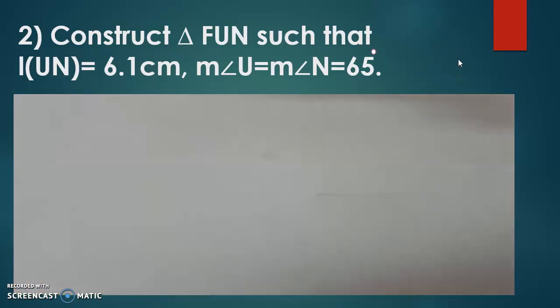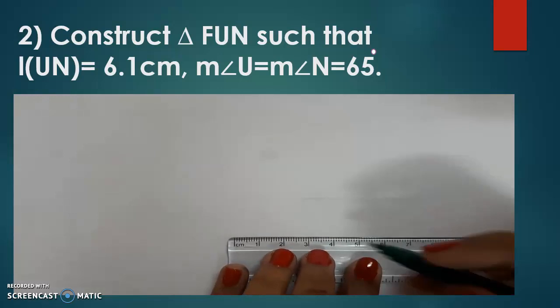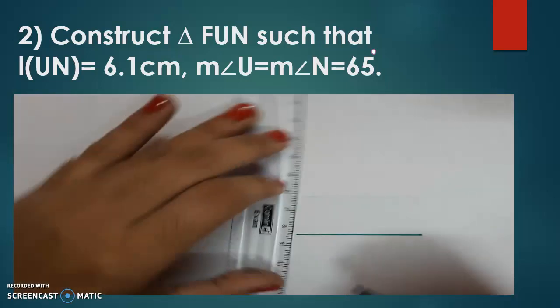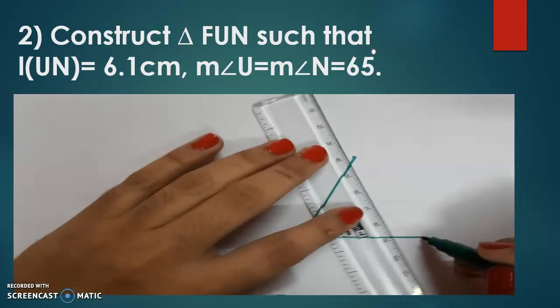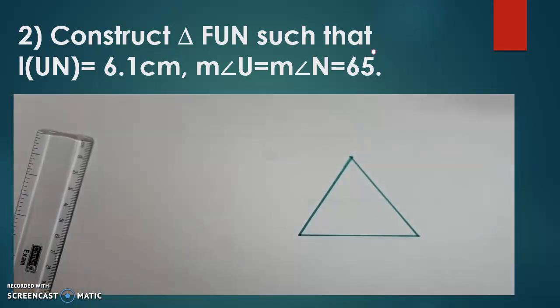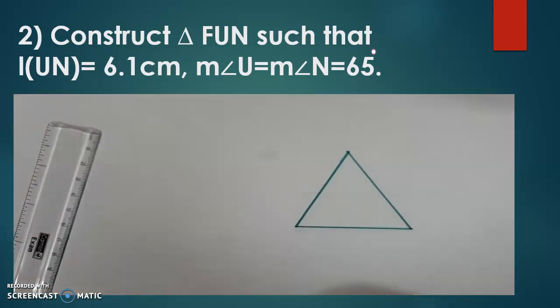Second question is construct triangle FUN such that length UN is equal to 6.1 centimeter. Measure angle U is equal to measure angle N is equal to 65 degree. For this also we will first draw one rough triangle with the help of scale and pencil. After drawing the rough triangle, we will give the name.